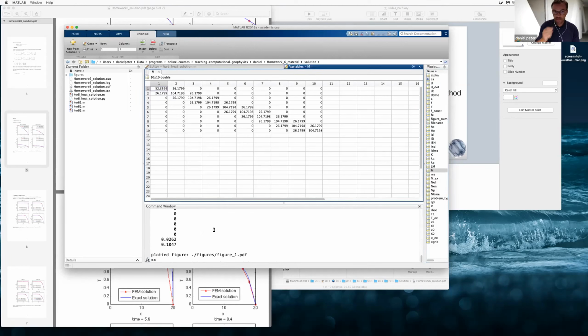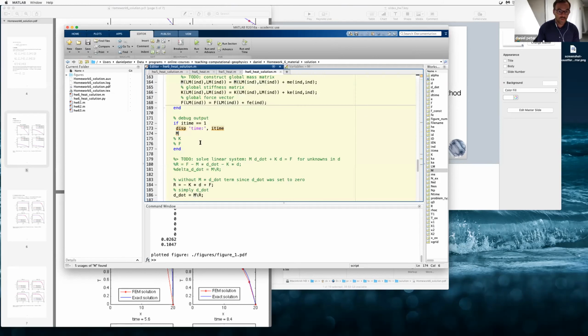So this is one of the mass matrices, the global mass matrix or capacity matrix. And you see we do have these off-diagonal elements as well. So what happens to a banded matrix, like in this case, when we invert it? We can say for sure the inverted matrix is certainly not just a diagonal matrix. Let's see if we can actually get that out at some point.